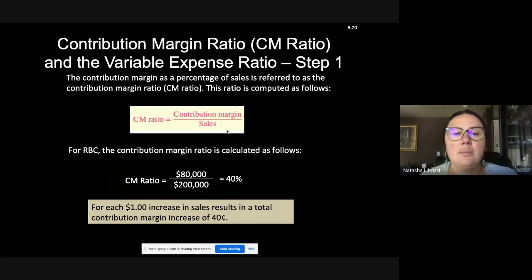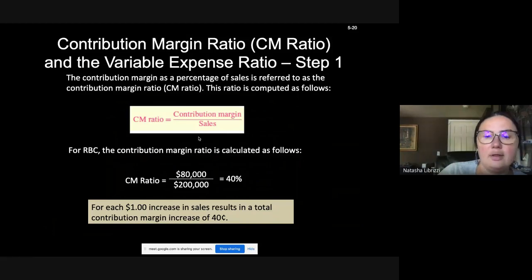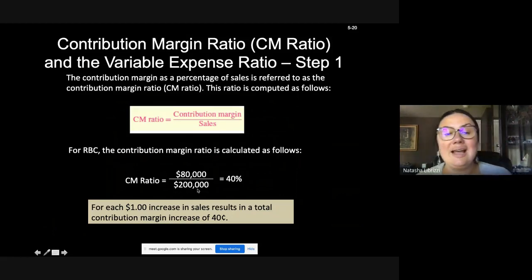So contribution margin ratio, not contribution dollar value, but ratio, is contribution margin divided by sales. So our contribution margin was $80,000 divided by $200,000 sales. So in this case, for each dollar increase in sales, we would safely say our margin would increase by 40 cents.